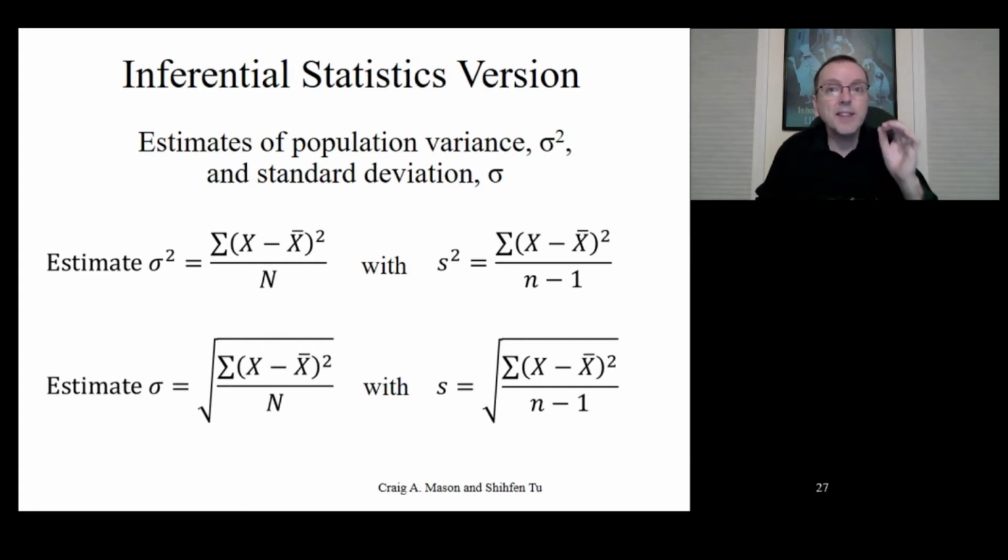Notice again that we are using a lowercase n in that n minus 1 in order to clarify that we're talking about the number of individuals in a sample, while we use the capital N in the sigma and sigma squared denominators in order to clarify that we're talking about the number of individuals in the population in those formulas.